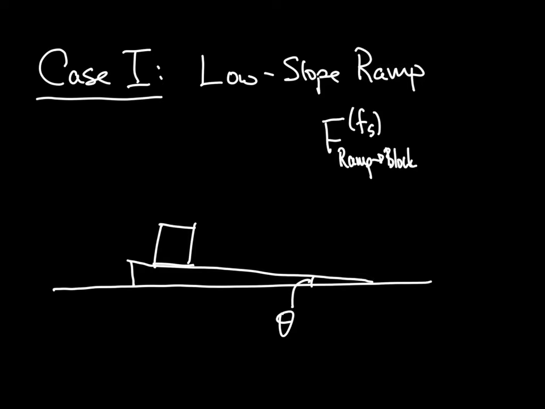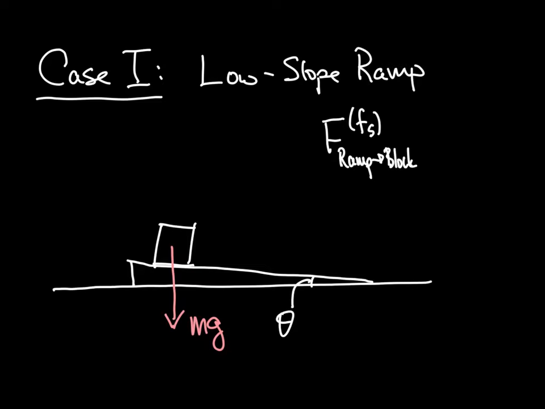So looking at the low slope ramp, if we think about this scenario, we're going to have three forces. We're definitely going to have gravity. Let's just draw it like this. We're going to have gravity, which is the mass of the object times g.